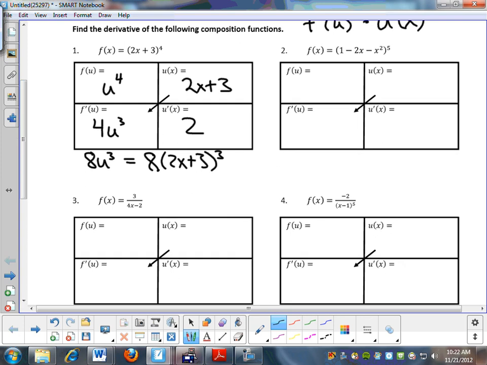What's u of x in this situation? So u is 1 minus 2x minus x squared. What is f of u? u to the fifth. What is f prime of u? 5u to the fourth. What is u prime of x? Negative 2 minus 2x.